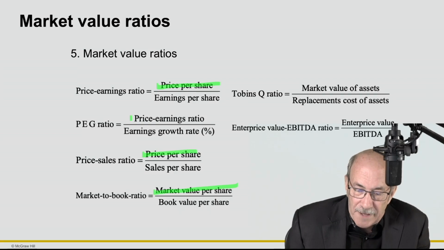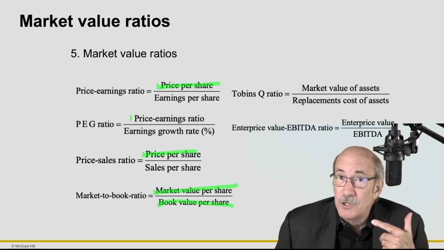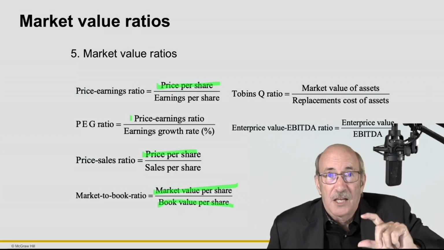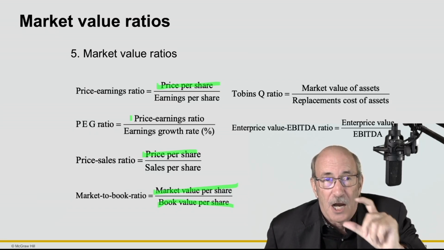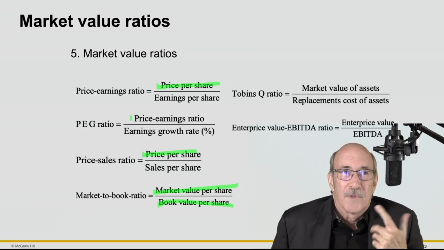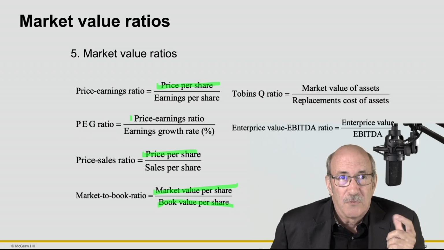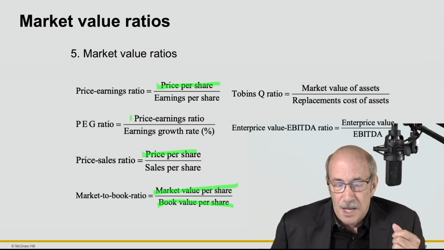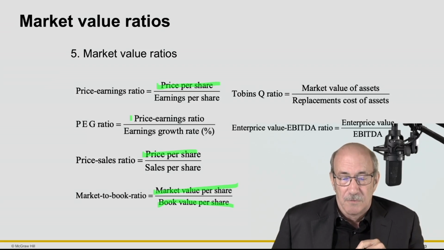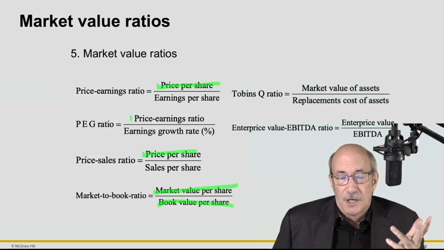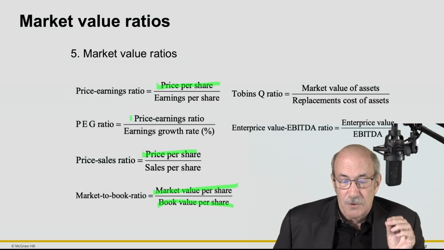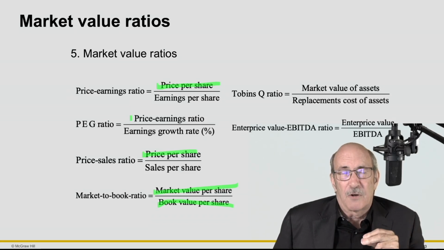The book value per share is where we go to the balance sheet. We take the total value of the common equity, including retained earnings, and we divide by the number of shares that have been issued. And that gives us book value of equity. All right, so this is market value of equity divided by book value of equity.